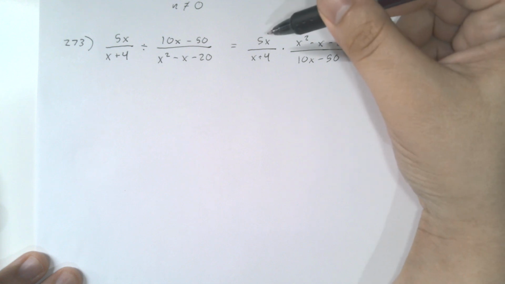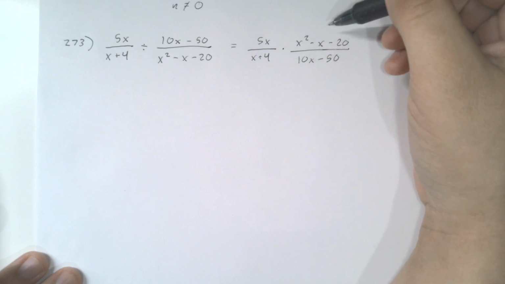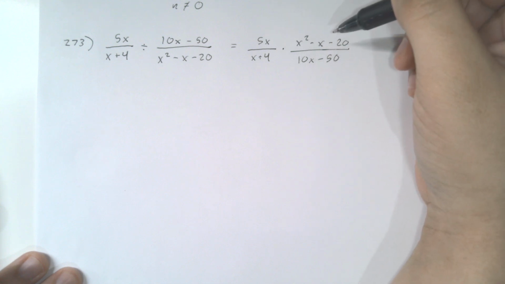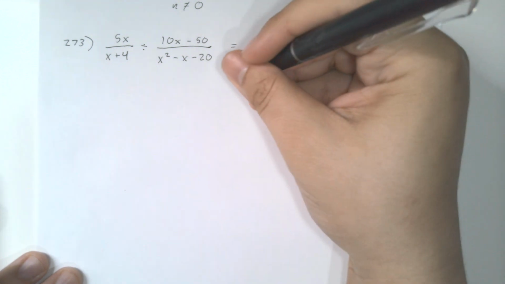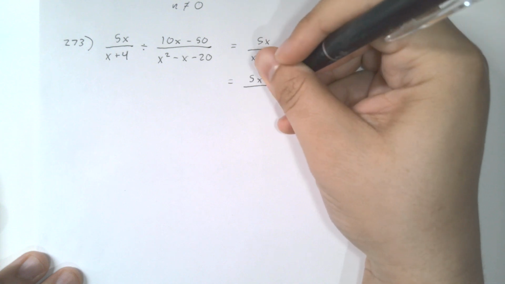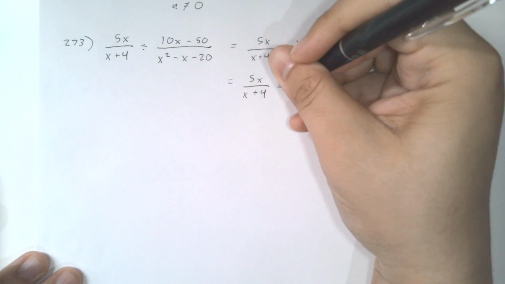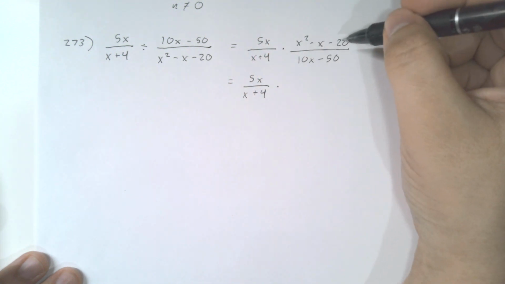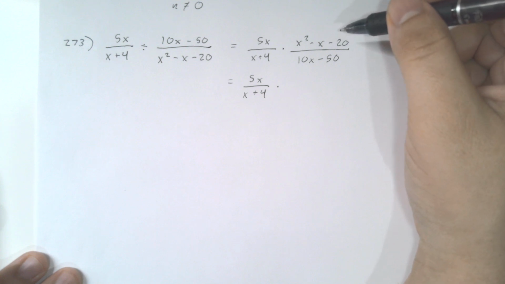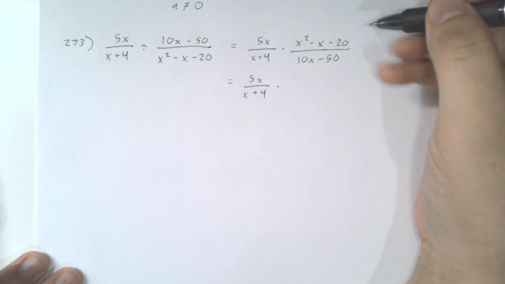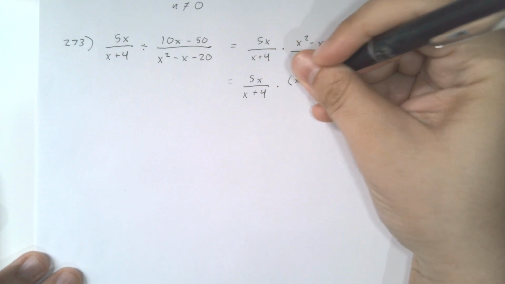And so 5x is factored, x plus 4 is factored. Now let's factor this fraction here on the right. So we still have our 5x over x plus 4, but we find two numbers that multiply to negative 20 but add up to negative 1. Those two numbers would be negative 5 and positive 4.